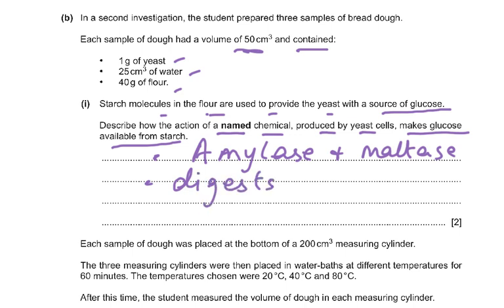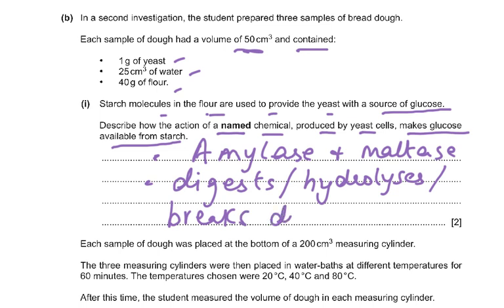Or you can use the word hydrolyzes, or you can even say breaks down. I don't like the word breaks down, it looks very unscientific. Hydrolyzes or breaks down the starch. So we have 2 marks, and you have 2 mark scheme points. So you could write either of these points.